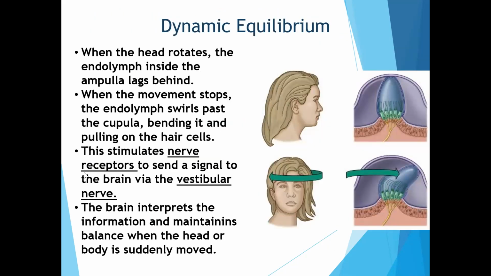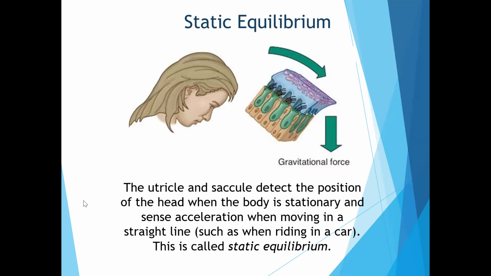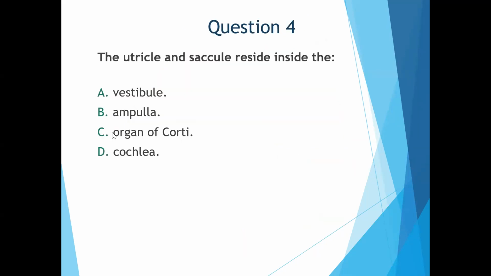So don't get caught up too much with dynamic and static. I don't think you need to understand the in-depth aspects between those two. You just need to know the aspects that make up our balance and equilibrium system.